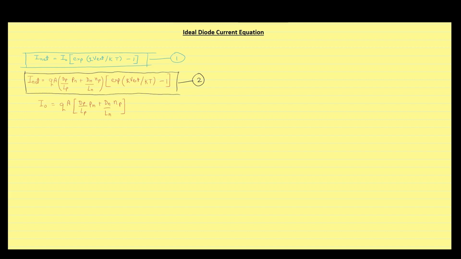Now we are going to see a very special case which is very important as well. We have assumed that the external voltage is forward biased, but if we apply a reverse bias voltage, then V external will be negative. Let us represent it with minus VR so that it becomes clear that the semiconductor is reverse biased. Now put the value of this external voltage in any equation. I am taking the second equation.